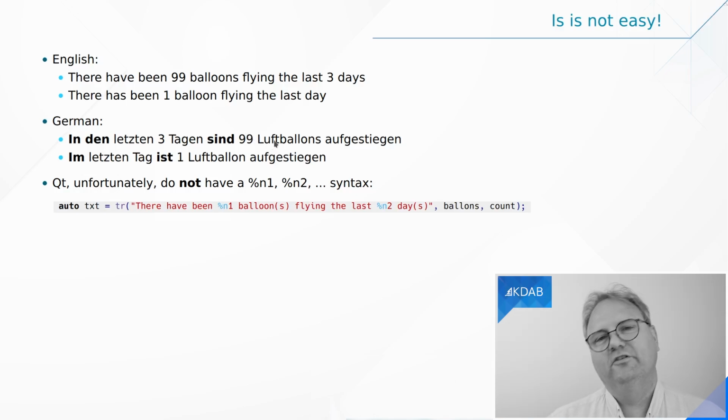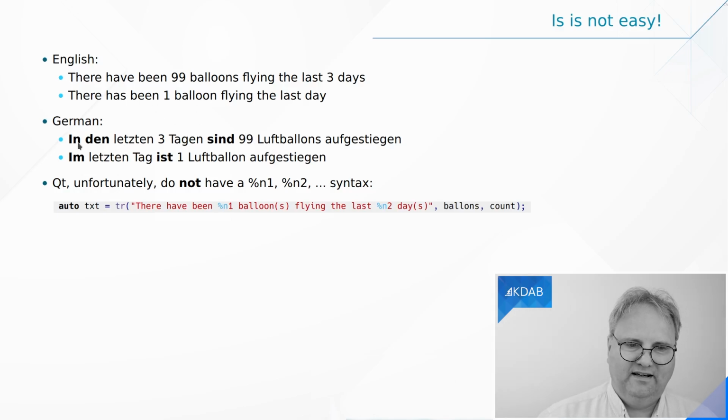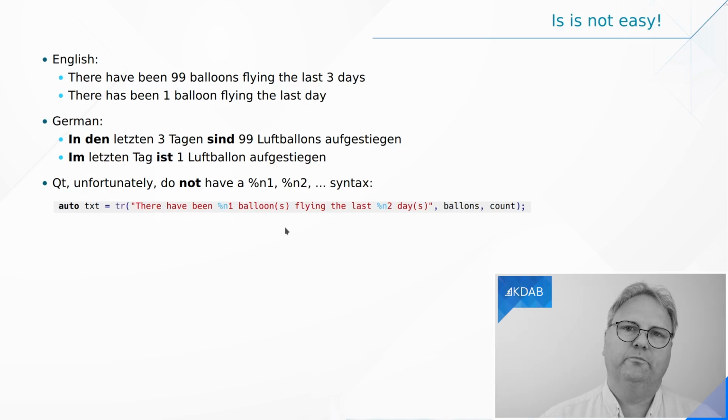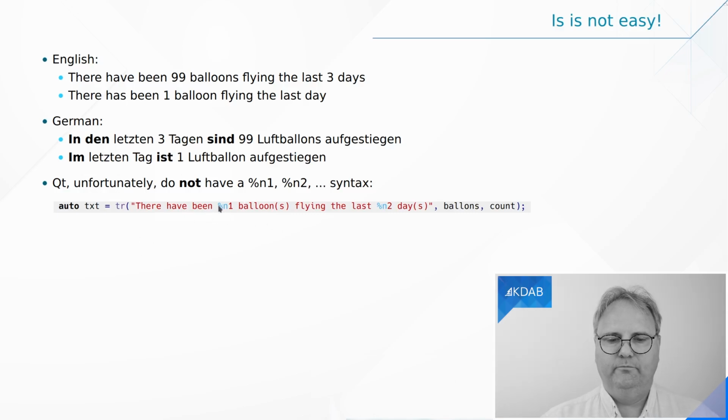Yeah, that was a challenge. And now I've been singing it. Get me that beer. Anyway, see, in den and im and sind and ist, and there is no such syntax. It would have been cool if it were possible to write something like: there have been %n1 balloons flying in the last %n2, so specifying the 1 and 2, but that is not a possibility.